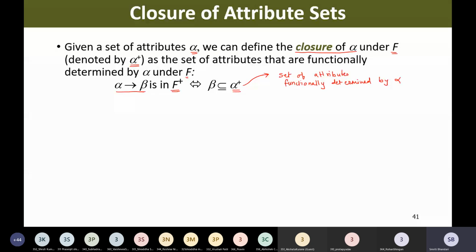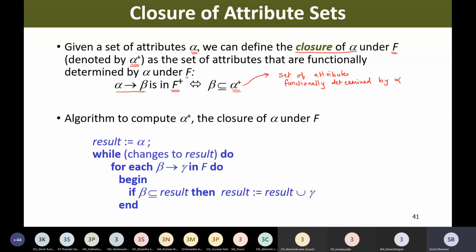So alpha plus includes all those attributes that can be determined by alpha. That's all. Okay, we have a very simple algorithm to compute the closure of attribute sets.